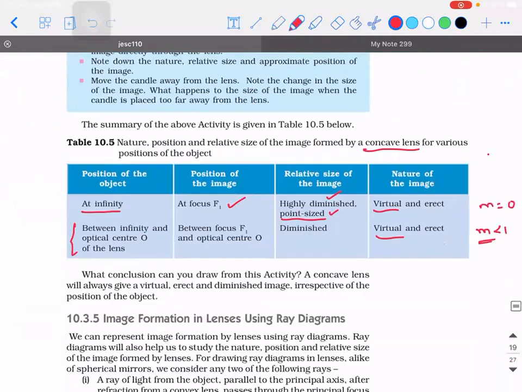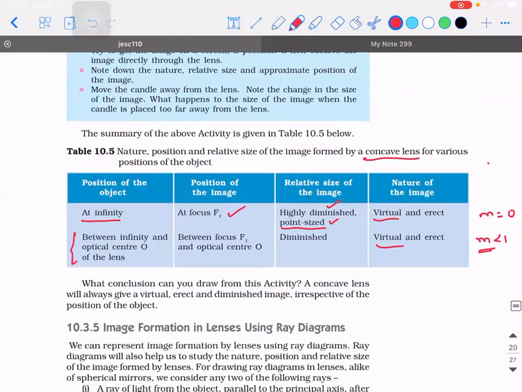Now comes an important question. I can frame a question like this: mention a scenario where you are able to generate a virtual and erect image which is magnified. I'm talking about a scenario with respect to lens.